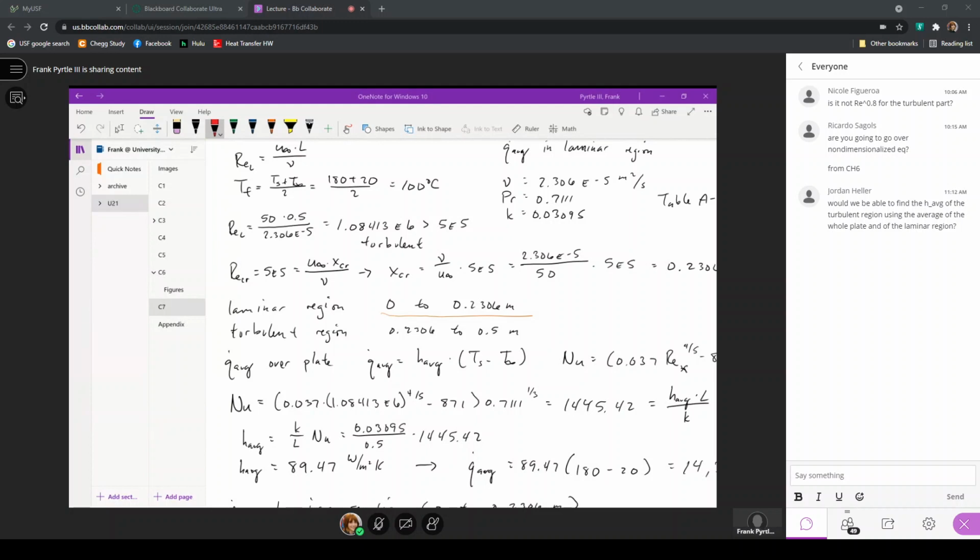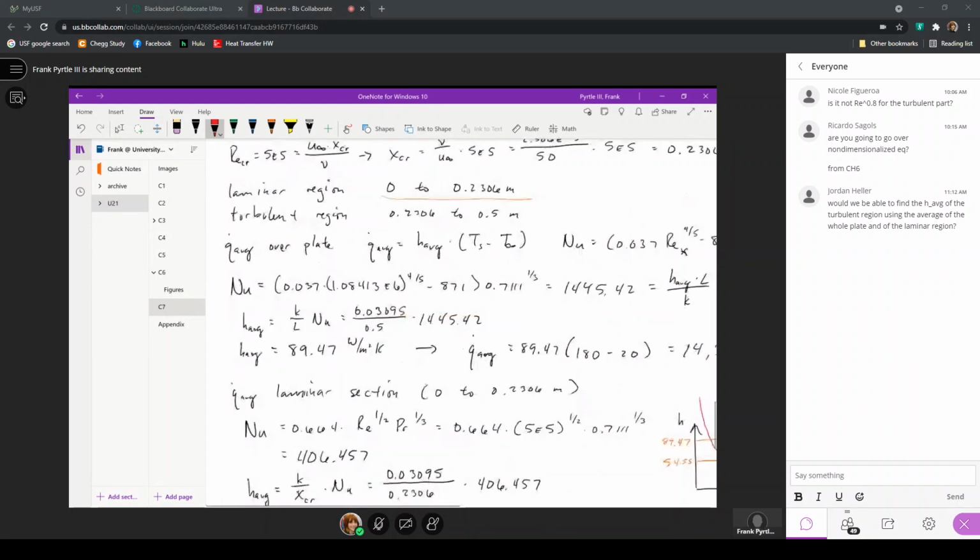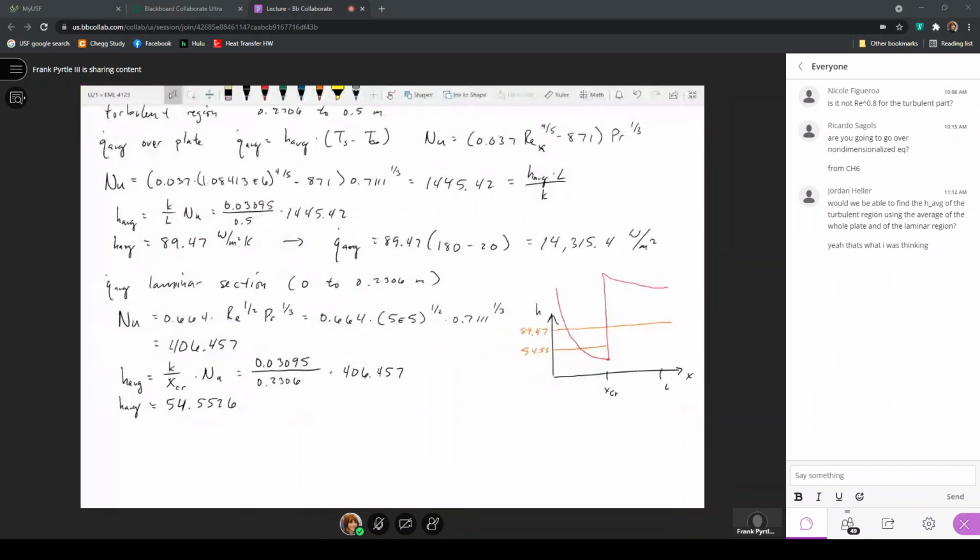By using the average, would we be able to find the average heat transfer coefficient of the turbulent region using the average of the whole plate? You could do a weighted average. You could say that the average over the entire plate times the entire length is equal to the average of the laminar region times the length of the laminar region plus the average over the turbulent region times the length of the turbulent region.